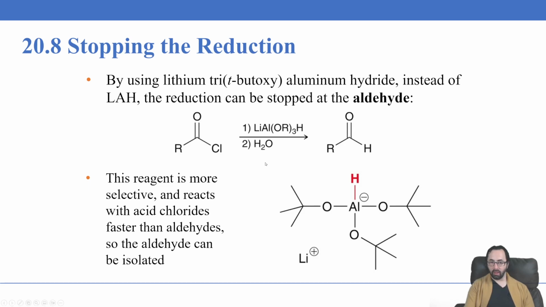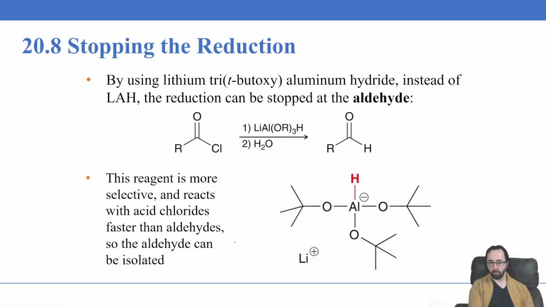If we use a particular type of aluminum hydride that has all these sterically hindered oxygen groups, these big tert-butyl oxide groups, and 1 hydrogen, we can stop the reduction at the aldehyde instead of going all the way to the primary alcohol.